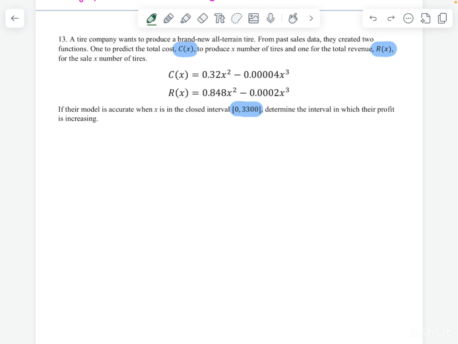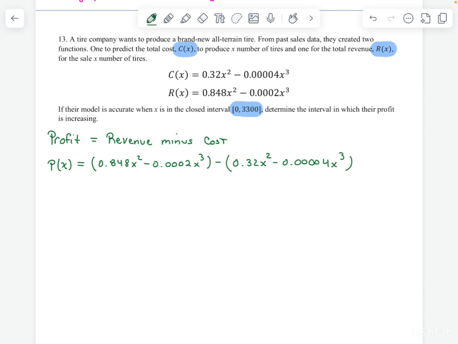In this problem, we're given a revenue and a cost function, but not a profit function. However, we can create a profit function by using the formula profit is equal to revenue minus cost. So the profit function in terms of X will look like this.